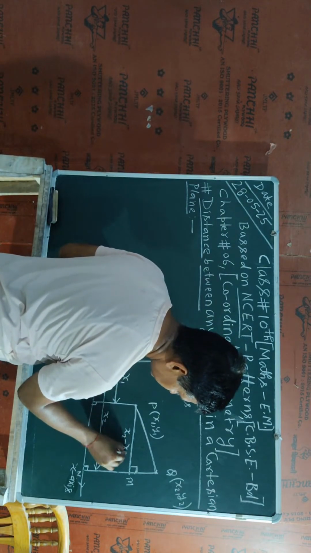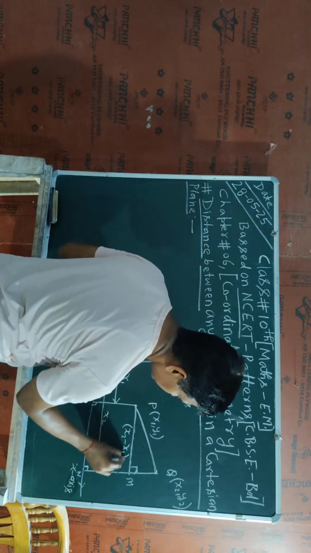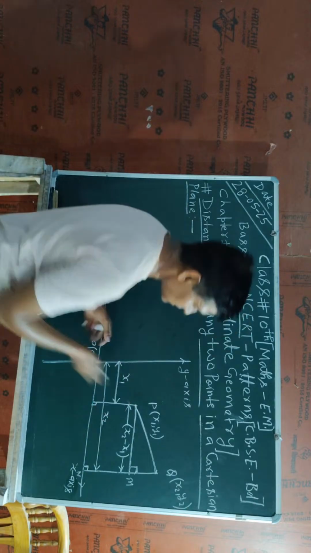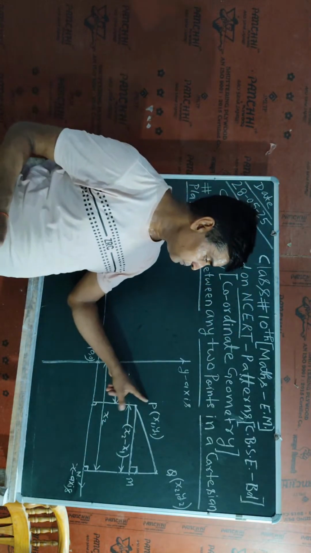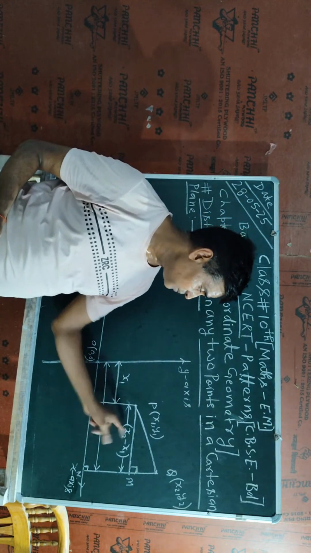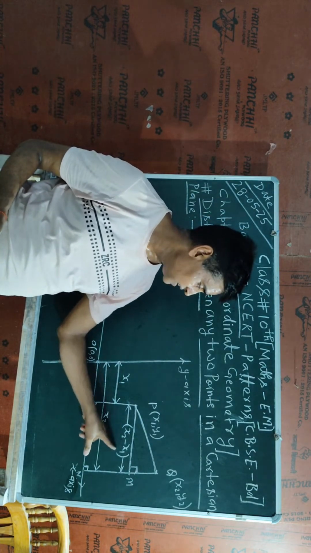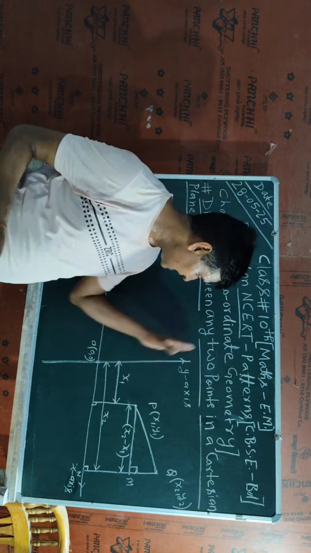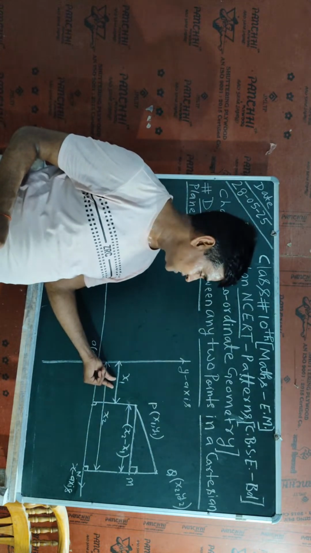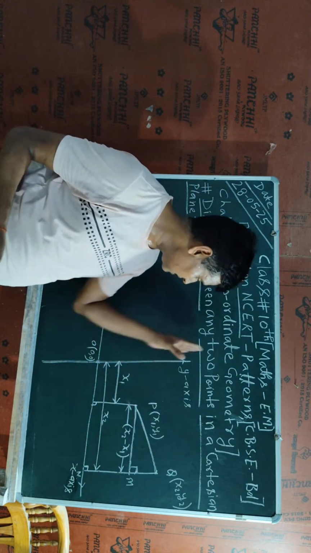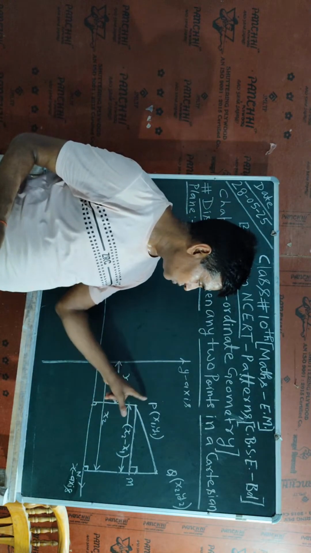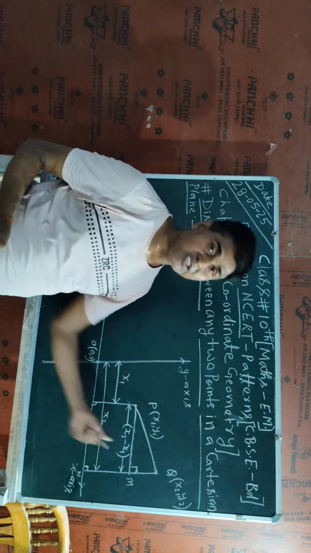This is the required information between P and M. That information will be x2 minus x1, because between these two lines I have taken the distance x1 from the y-axis to one line and x2 from the y-axis to the other. So the distance between P and M will be x2 minus x1.